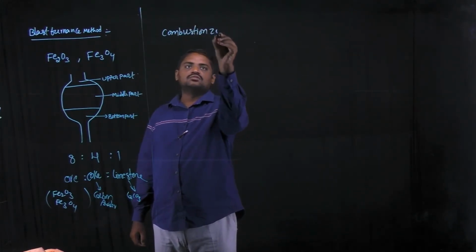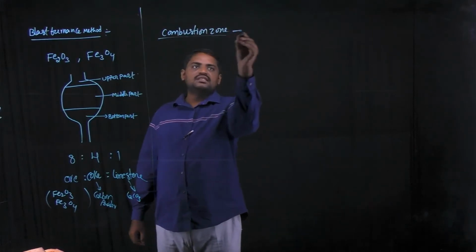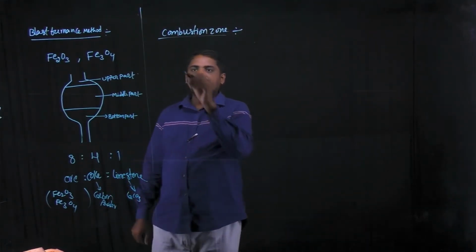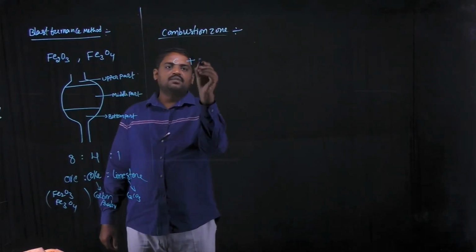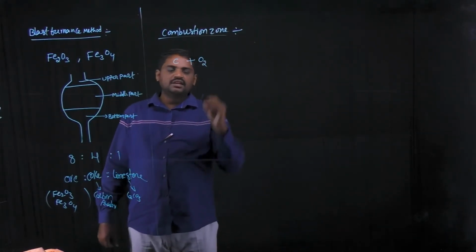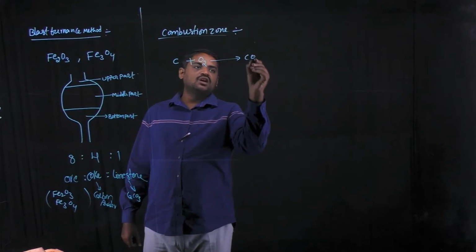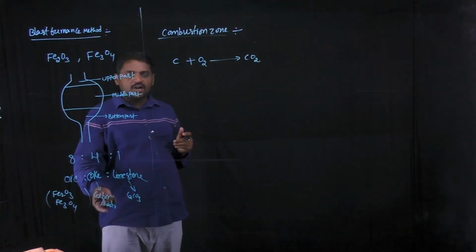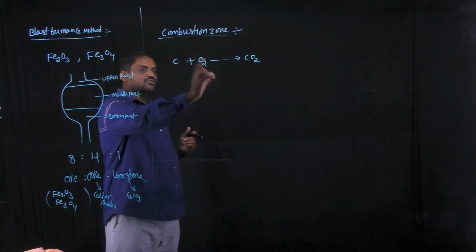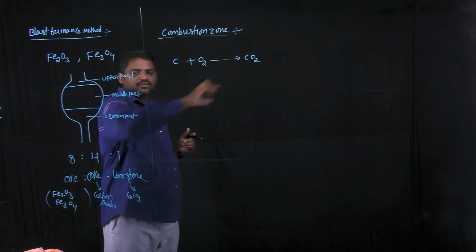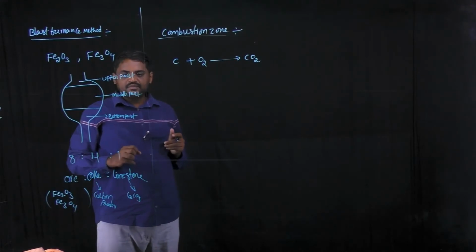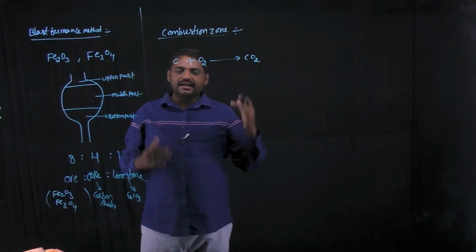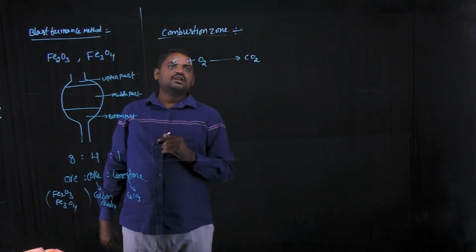In the combustion zone, the coke reacts with oxygen, carbon reacts with oxygen, and is easily converted to carbon dioxide. Automatically the temperature rises.